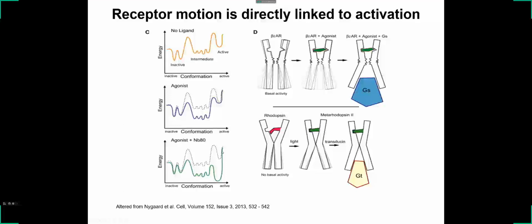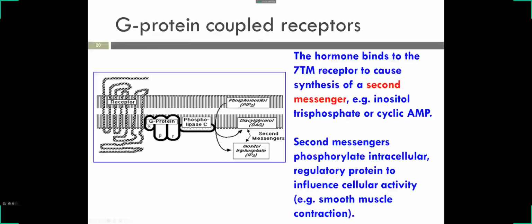So what I want you to remember is that receptors are always in motion, and they try to obtain their lowest energy state, which the hormones and the G proteins, in the case of GPCRs, lets them achieve. And this motion is directly linked to their activation.